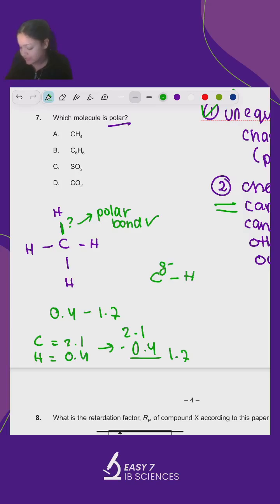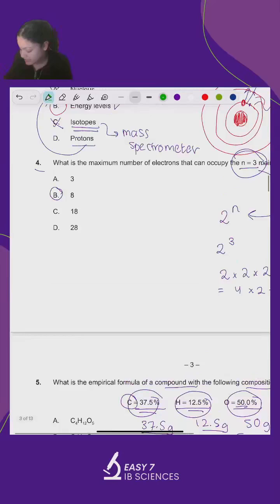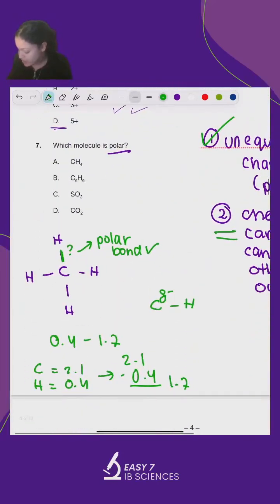Because carbon has an electronegativity of 2.1 versus hydrogen's 0.4, the electrons are more towards the carbon. So the electrons in the bond are not shared equally. They're actually closer to the carbon than to the hydrogen. So the electrons in this covalent bond that's being shared actually exist like this, closer to the carbon.